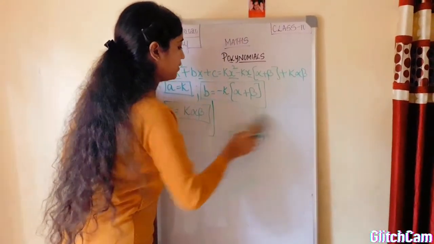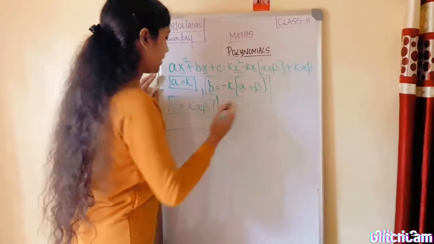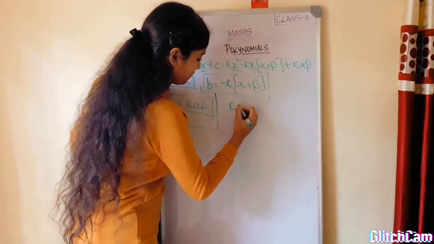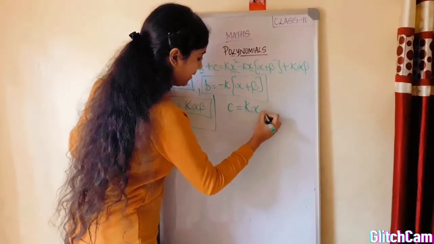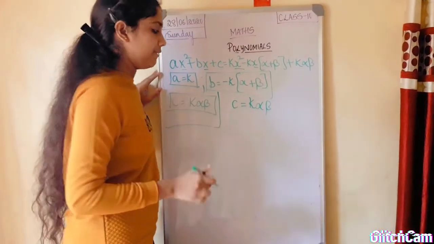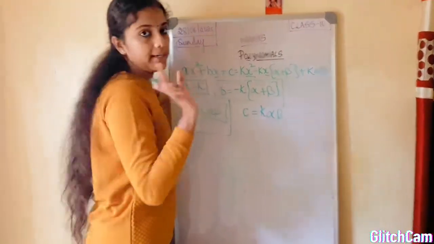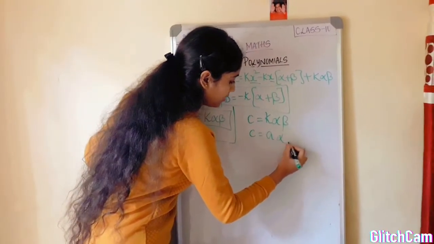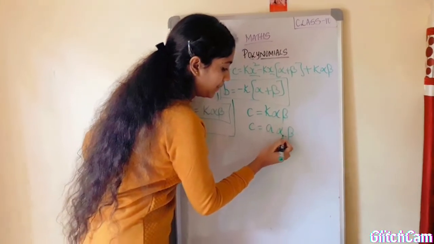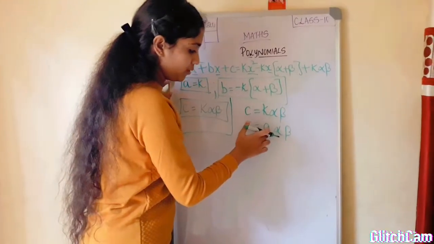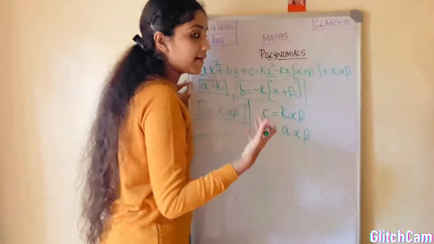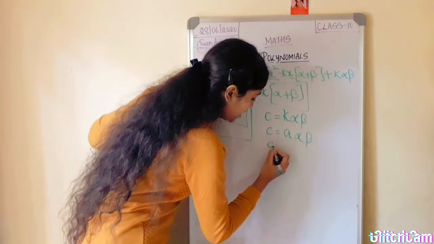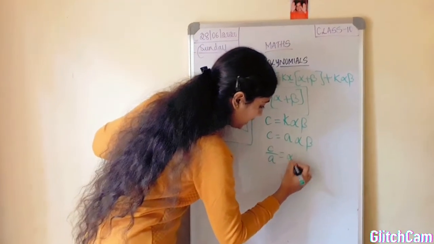Now moving on to the second one, c is equal to k alpha beta. Now you know k is nothing but a. Therefore c is equal to a alpha beta. When it is in multiplication, if you bring this to the left hand side, it becomes division. So therefore c by a is equal to alpha beta.